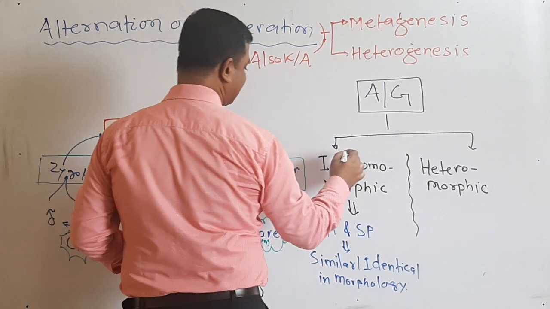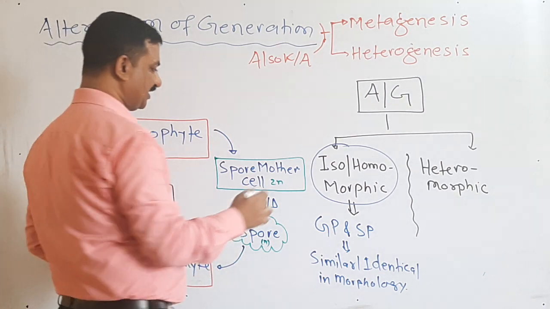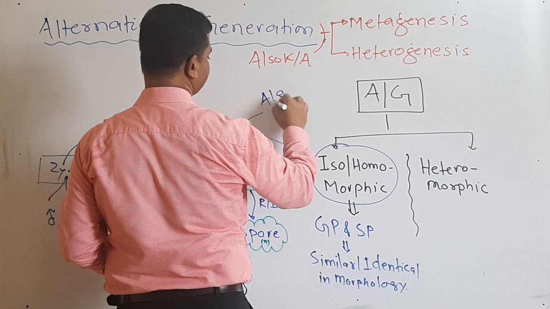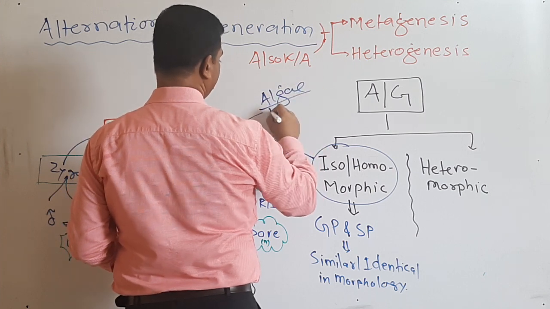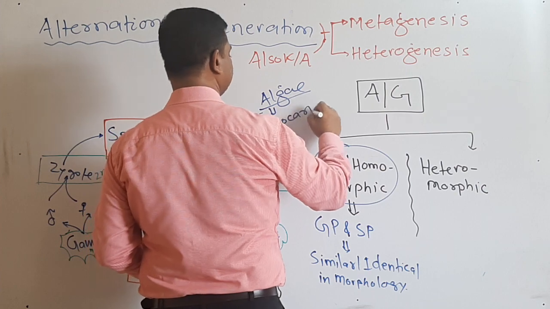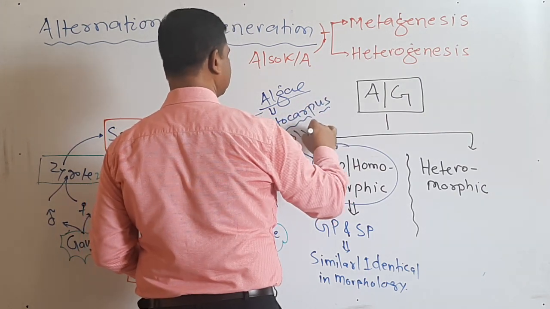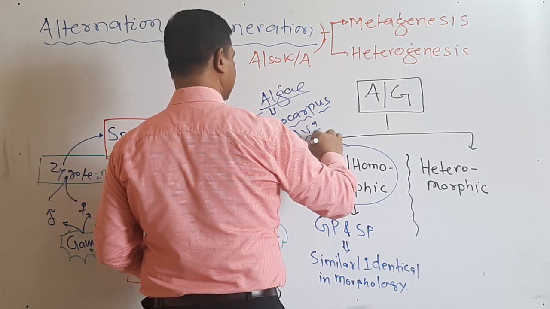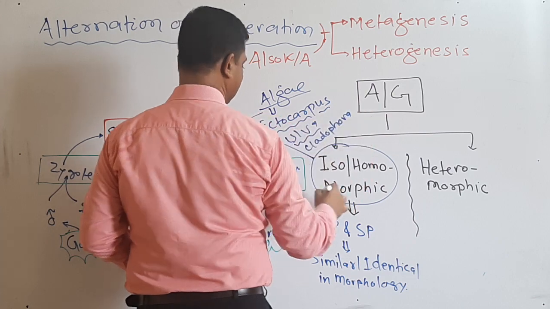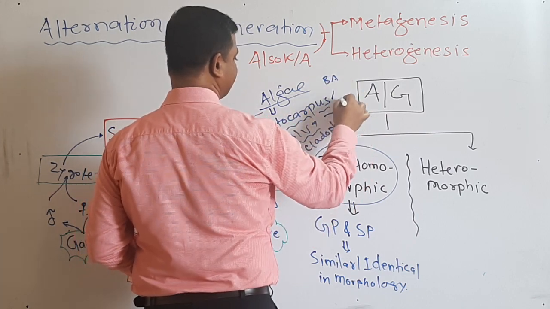So you can put an example of this iso or homomorphic alternation of generation. It is very common in algae. You all remember Ectocarpus, Ulva, Cladophora. Ectocarpus is a brown alga, but the others are green algae.